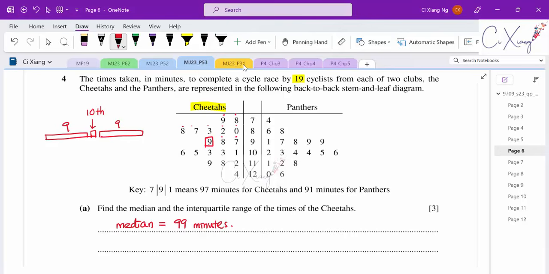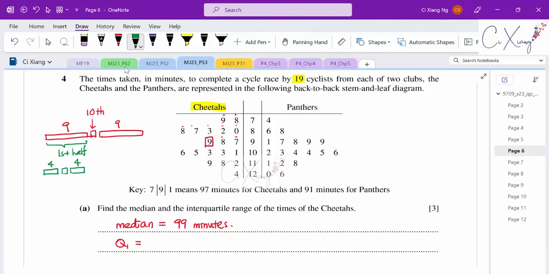After that, to calculate the interquartile range, I need Q1. How to find Q1? Q1 is the median of the first half of the data. This is my first half of data, and what is the median of the 9 values here? Again I split it into two sections: the first has 4 values, 1 value in the middle, and the second half has another 4 values.